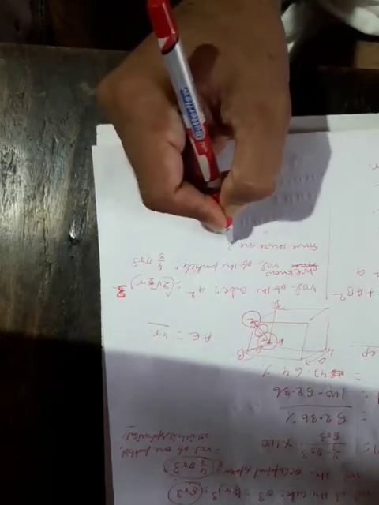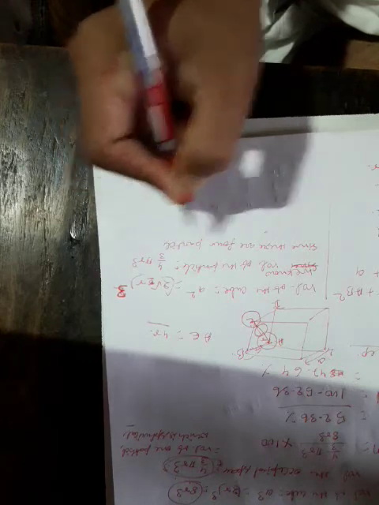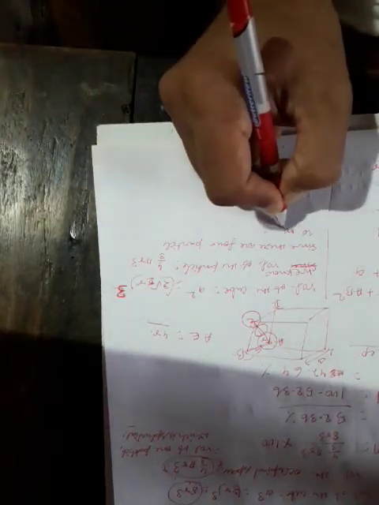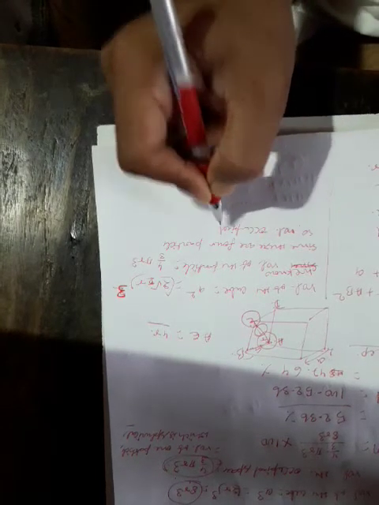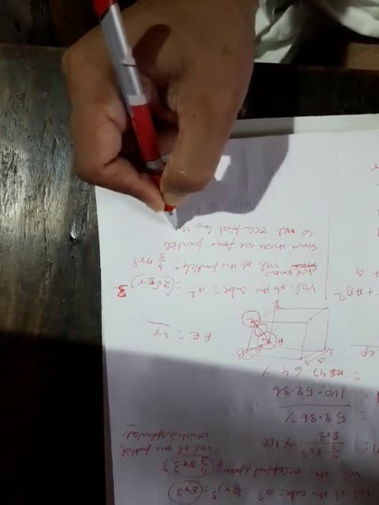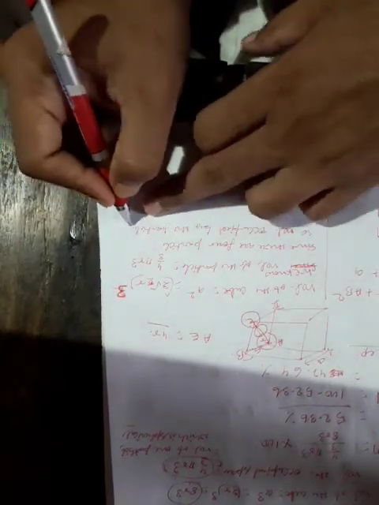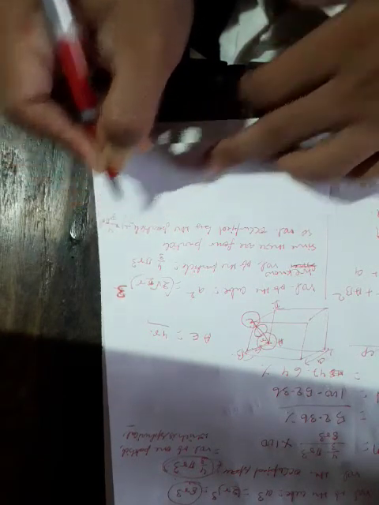Since there are 4 particles, the volume occupied by the particles will be equal to 4 into 4 by 3 pi r cube.